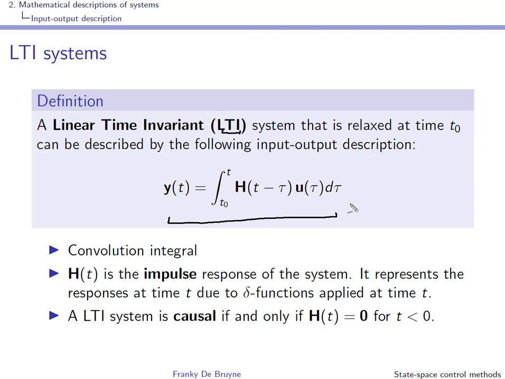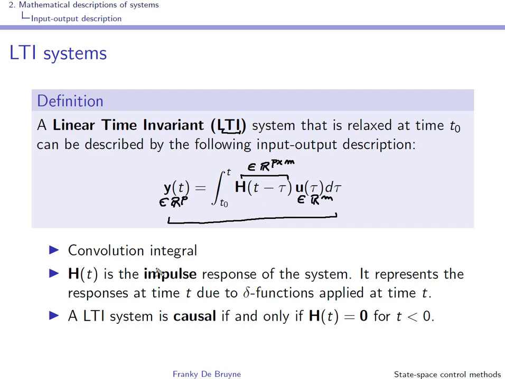But remember, here we work in a multivariable framework, so u is in R^m, y is in R^p, u and y are vectors, so h here is a p times m matrix, so h is in R^(p times m).